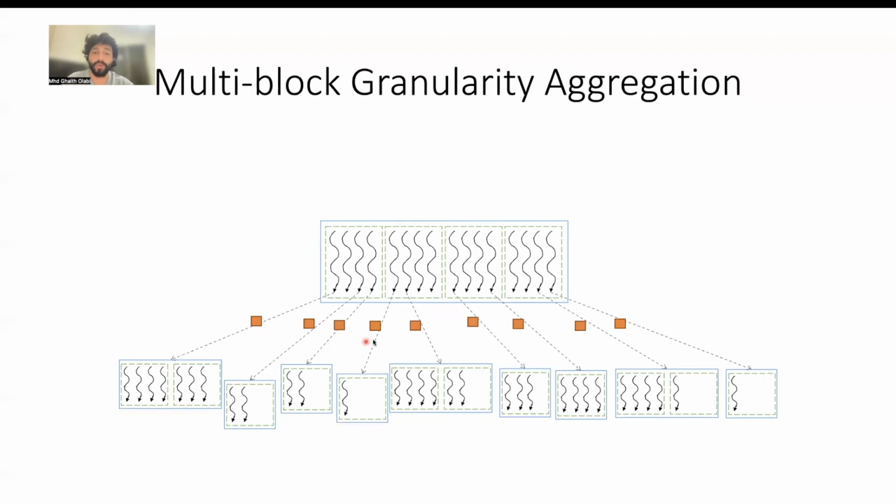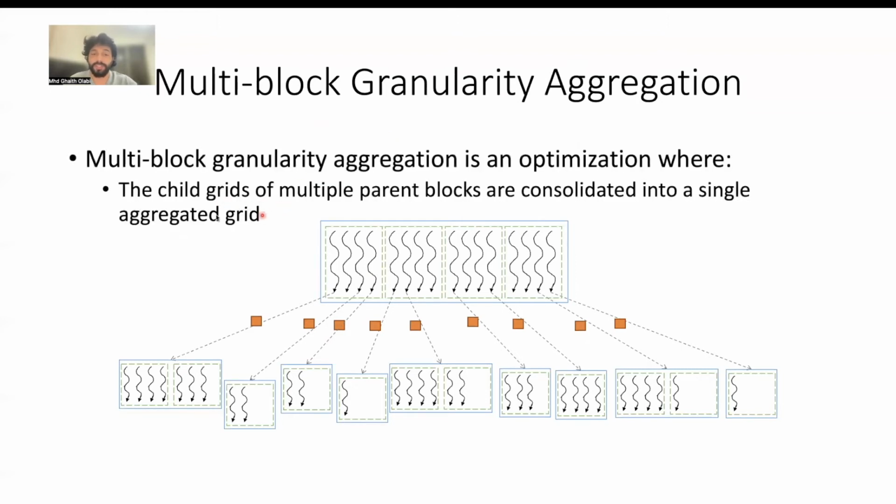We also apply our third and last optimization, multi-block granularity aggregation. It is an optimization whereby the child grids of multiple parent blocks are consolidated into a single aggregated grid. So we take this example where we have 4 parent blocks, in which a certain number of threads do dynamic launches.